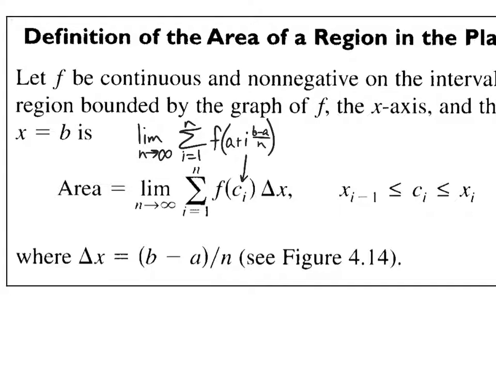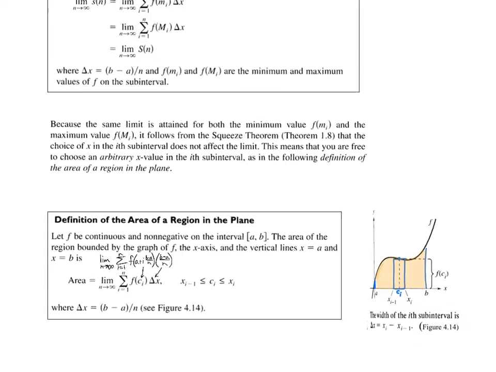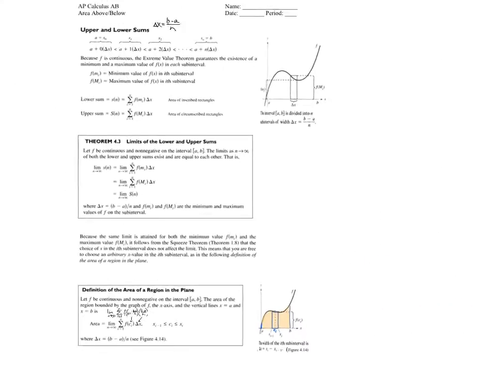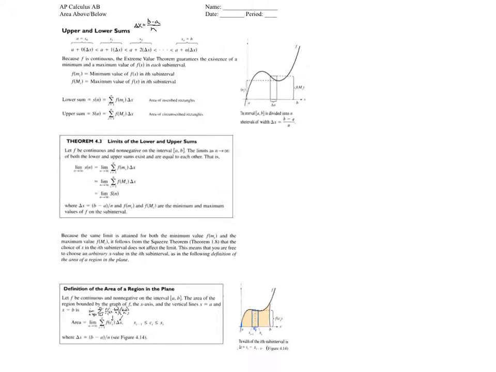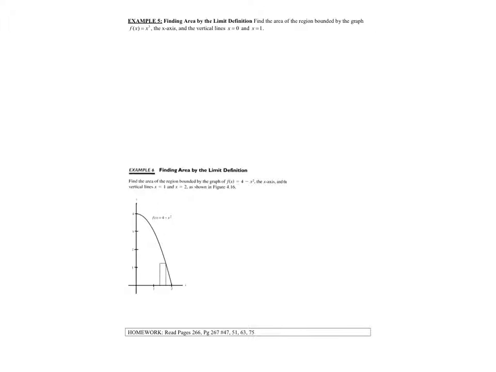Here they're just calling that c sub i. And instead of a delta x, yesterday we had b minus a over n. So again, same formula, different notation, totally up to you which one you use. Alright, so let's actually work through a couple examples of using this.